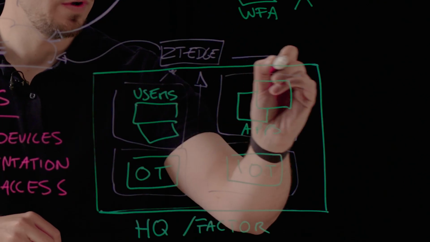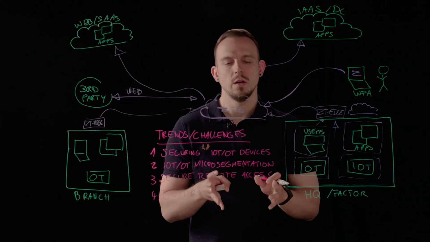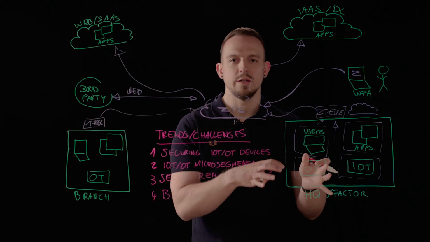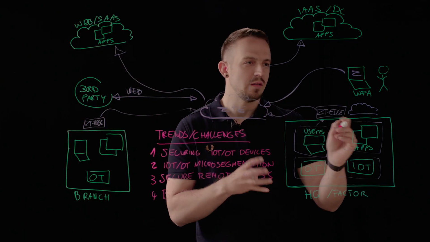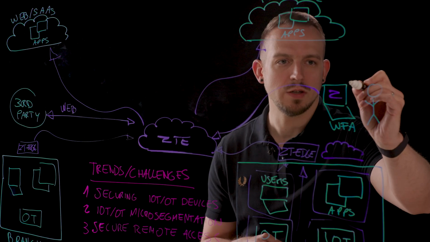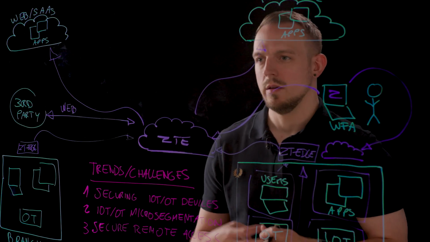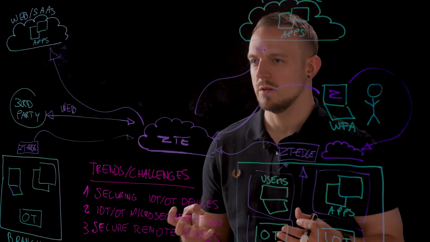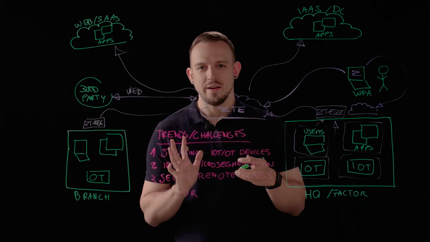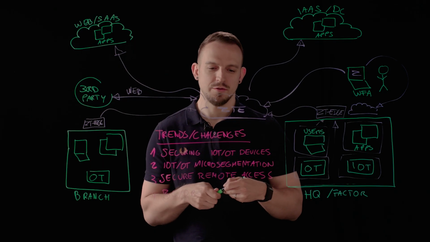So we are offering you the possibility of spinning up a virtualized version of our cloud within your locations or your data centers. And as soon as there is an outage, your users will just seamlessly connect to that version of the cloud and then still have the same level of protection and access to the applications, and business will just continue as usual. I hope this gave you a short impression of how we can address those challenges.